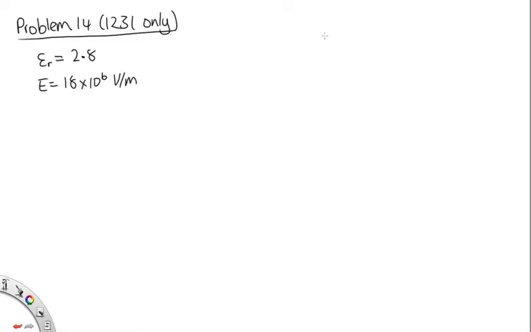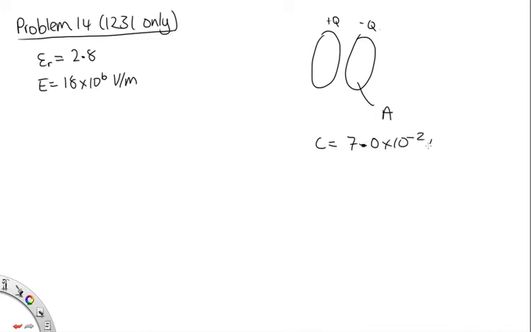And we place this within two capacitor plates with area A. For these parallel plate capacitors, one has charge plus Q, one minus Q, the capacitance is equal to 7.0 times 10 to the minus 2 microfarads, and the potential difference is set to be 4,000 volts.